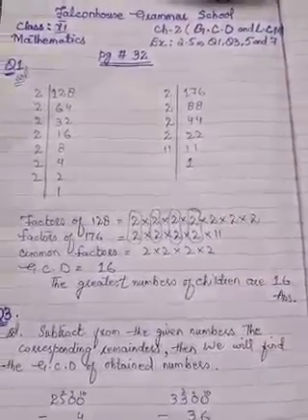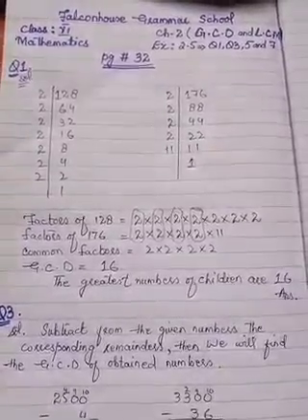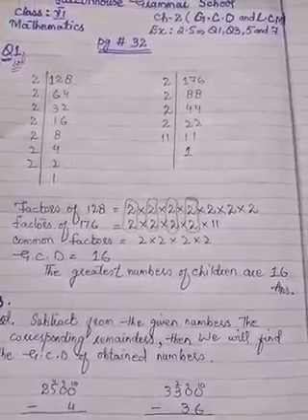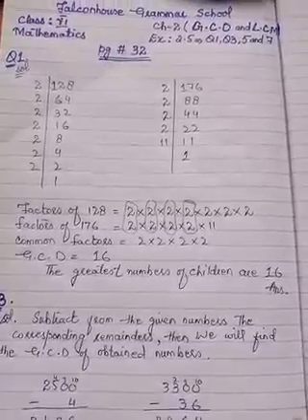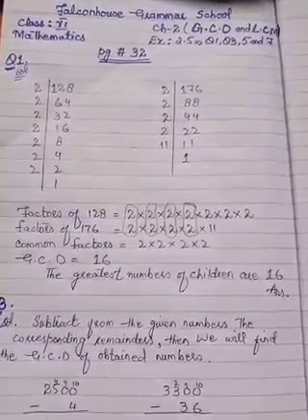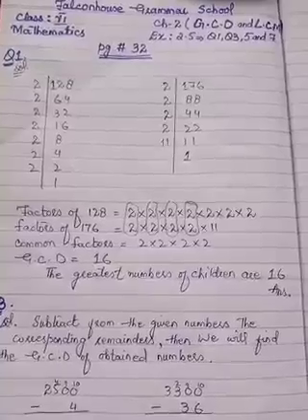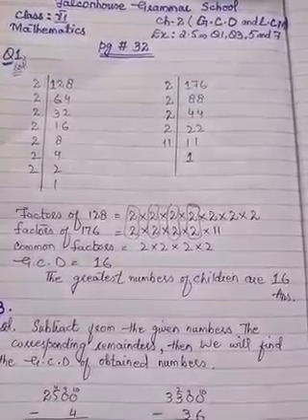So how can we find the greatest number of children? Students, in the previous exercises we learned to find the GCD by 3 methods: by set of divisors, by factorization, and by division method. So it depends on you, it is your own choice which method you want to adopt.